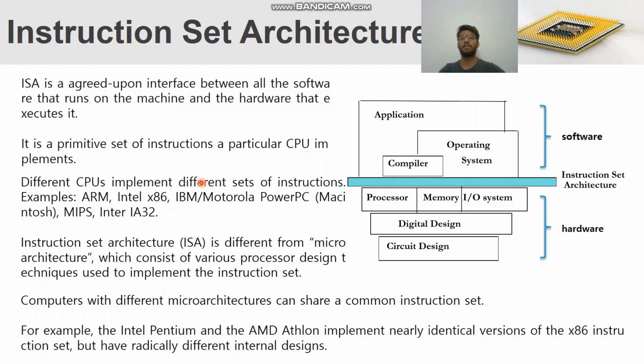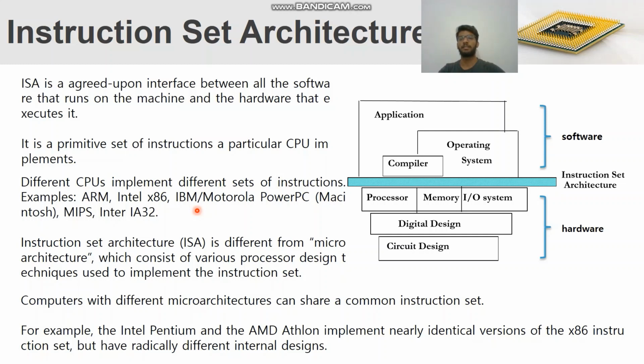Different CPUs can have different sets of instructions they can implement. For example, the different CPUs are ARM, Intel x86 based, IBM Motorola PowerPC, MIPS, and Intel IA32 based CPU architectures.